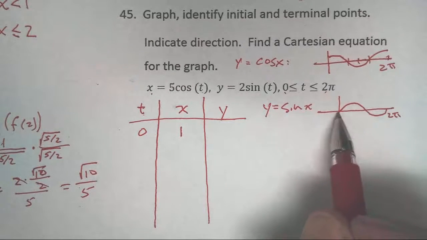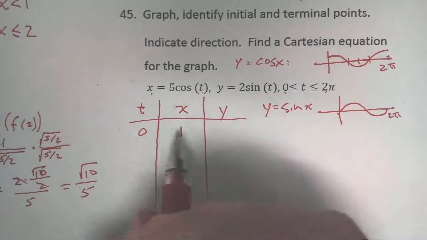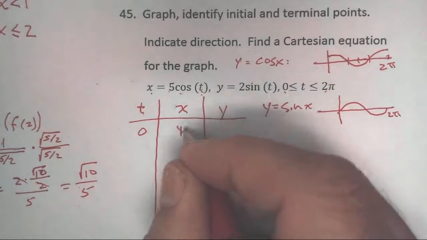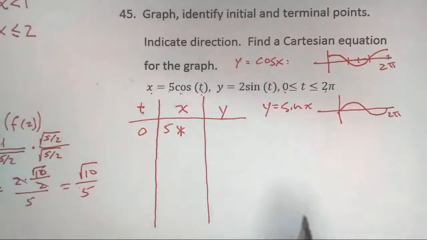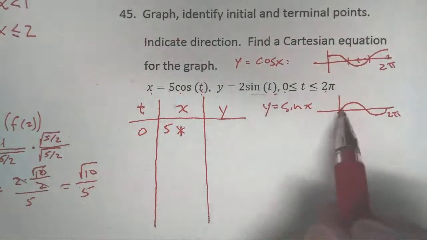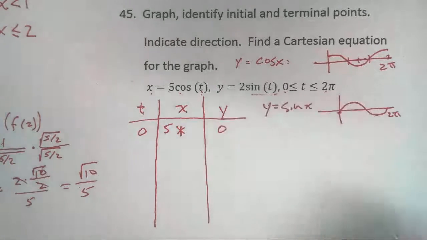Sine of 0 is 0. Let me back up here. Cosine of 0 is 1, so that's 1 times 5, 5 here. Sine of 0 is 0. As we see, sine of 0 has no height. Times 2 is still 0.